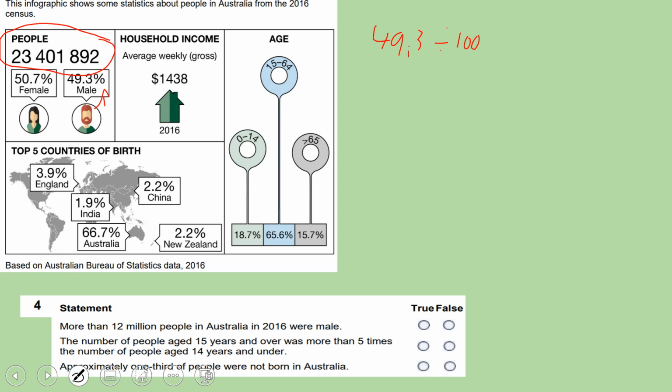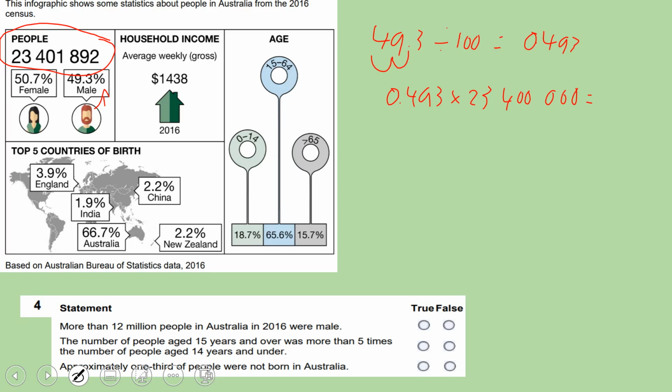When you divide by 100, you move the decimal 2 spaces to the left. So our answer will be 0.493. And then that number can be multiplied by the 23 million. And that will get us our answer.